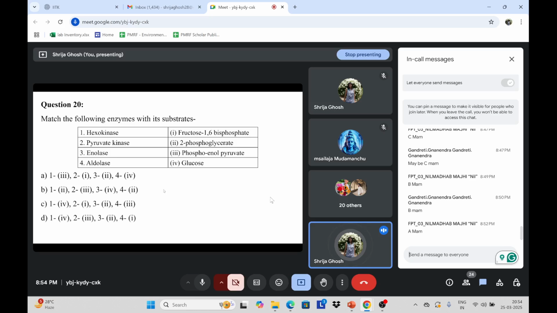Hexokinase is the first enzyme in the glycolysis pathway. So glycolysis pathway starts with which compound, which molecule, which substrate? Come on, write the answer in the chat box.